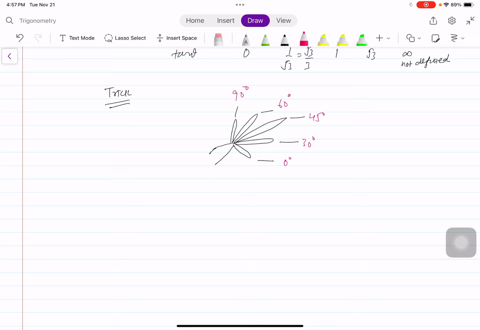To find all the values related with sine, say you want to find sine 30 degree. How will you find sine 30 degree?